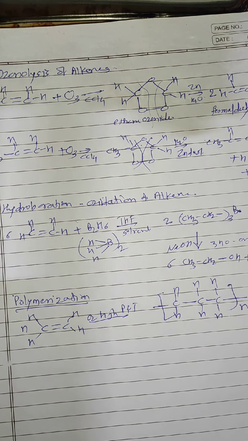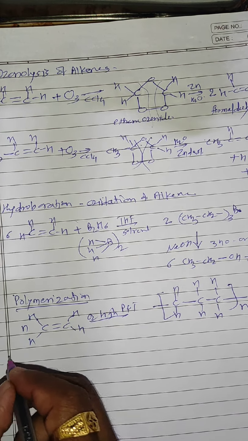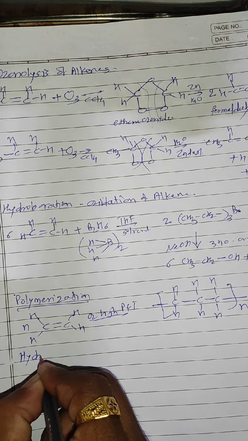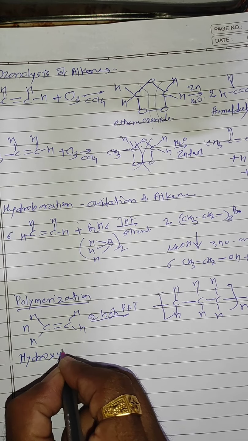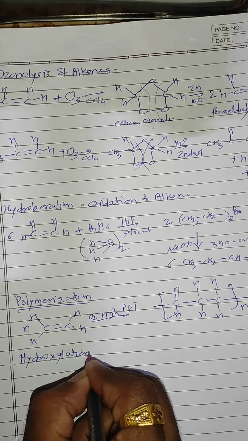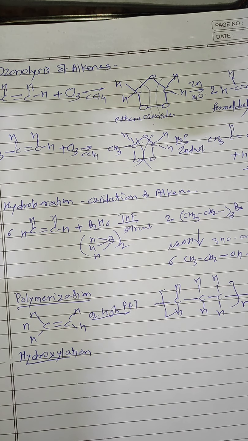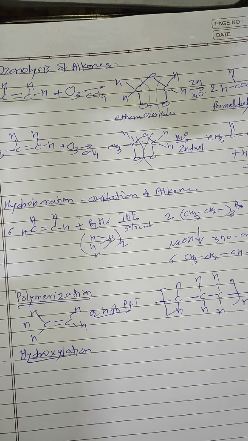Now the next reaction, hydroxylation. Alkene reacts with cold and dilute alkaline potassium permanganate, KMnO4, to form glycol.